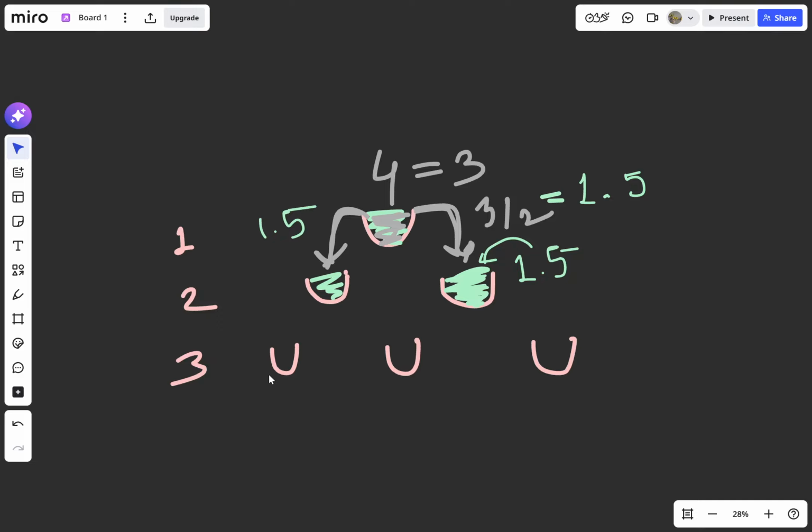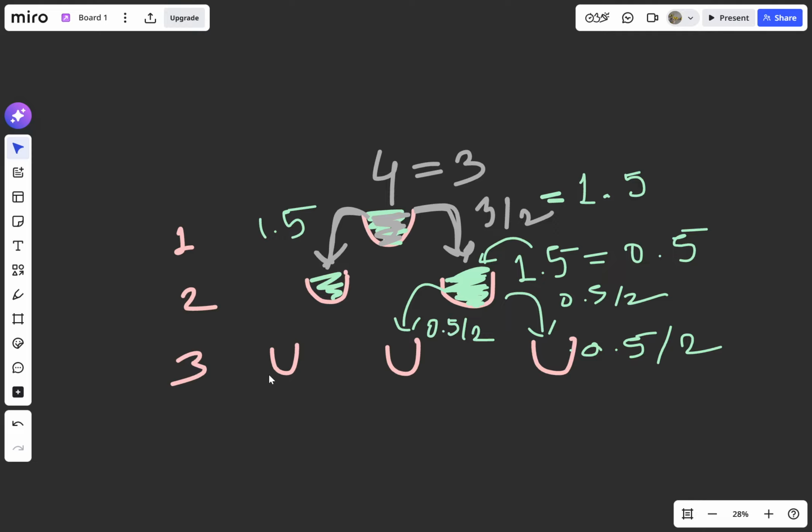One glass of champagne is consumed by this glass only, so now we have 0.5 of champagne left. We pour this 0.5 equally, 0.5 divided by 2, into this, and this also gets 0.5 divided by 2.